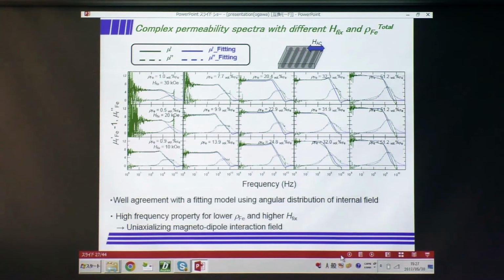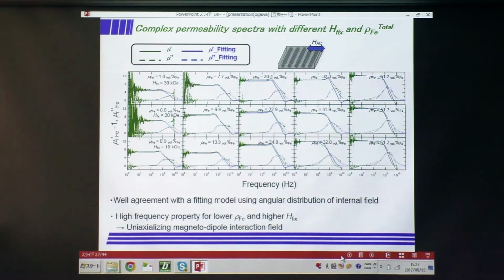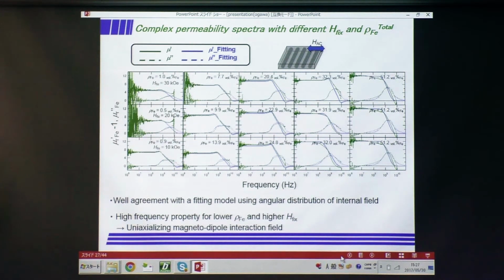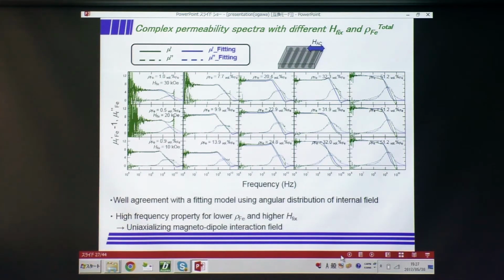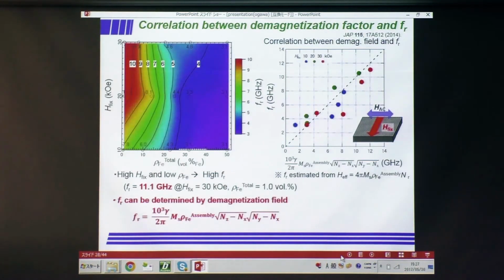And we can fit the data well for the high frequency property for lower concentration and the higher H-fix region. We can get the high frequency response in these samples. That means we can achieve the uniaxializing magnetic dipole interaction field. And this is a replot. We replot the FR data as a function of concentration and the H-fix.